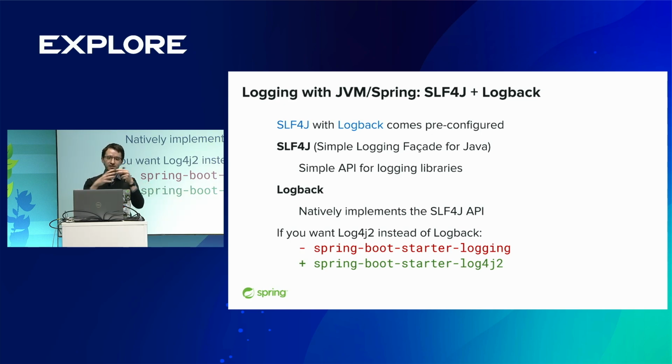It has a simple API that you or any libraries can use for logging, and you can plug logging libraries in and out. Logback is a native implementation of the SLF4J API, but if you want to use Log4j2, in Spring Boot it is just replacing a dependency. Boot supports both. It's pretty simple.